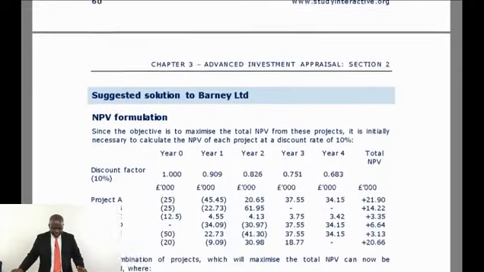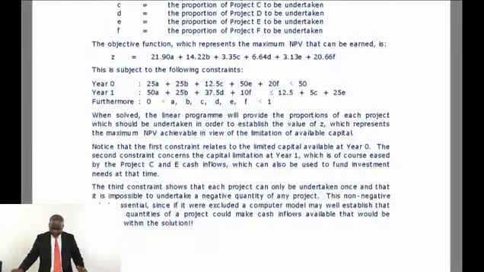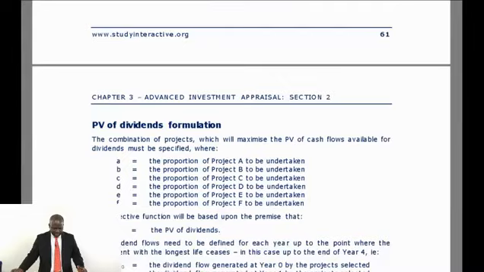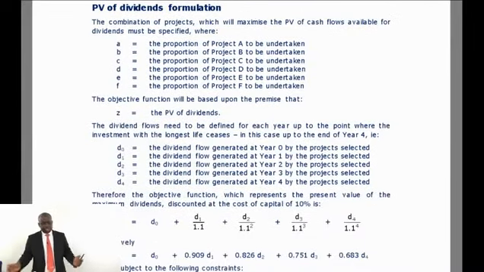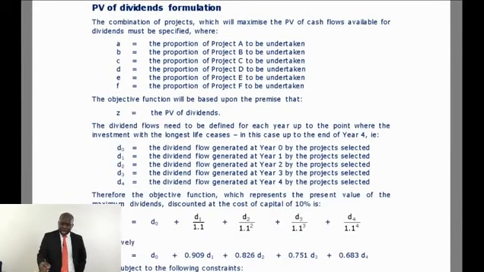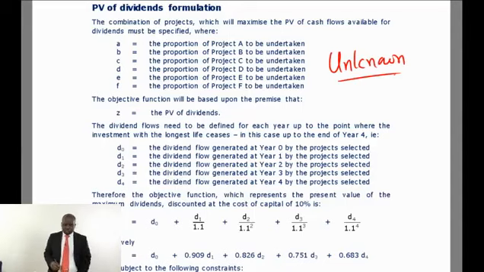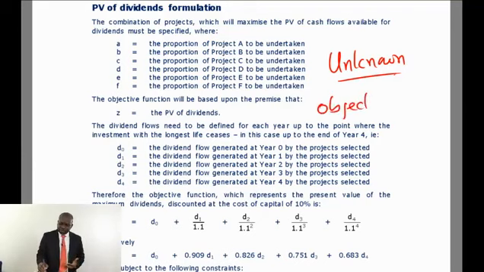So please flow with me and let's go straight to the PV of dividend formulation. Just as we did, you would have to come out with your unknowns. These are the unknowns, which we've done last week: A, B, C, D, E, F. Small letters represent the proportion of each of them. The second is to define your objective function.